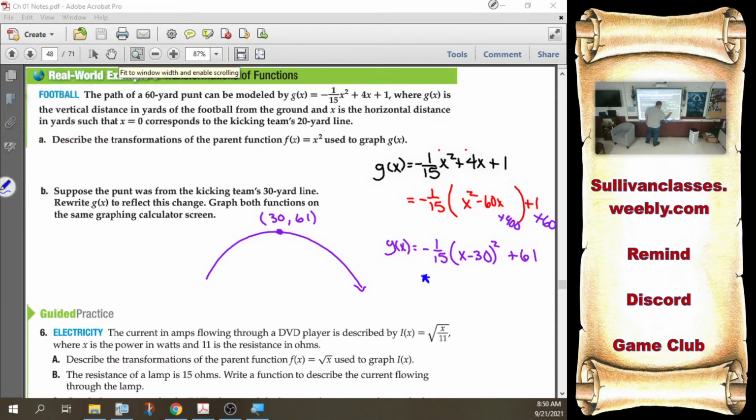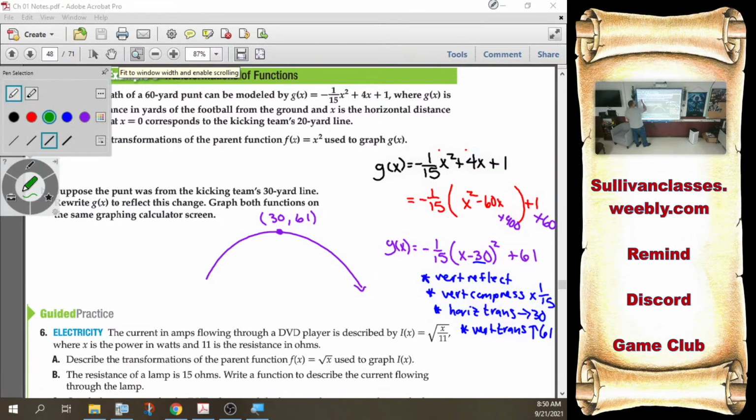I have a reflection in the x-axis, or vertical reflection. I have a vertical compression by 1/15. I have a horizontal translation, bass-ackwards land, right 30, and a vertical translation, up 61.